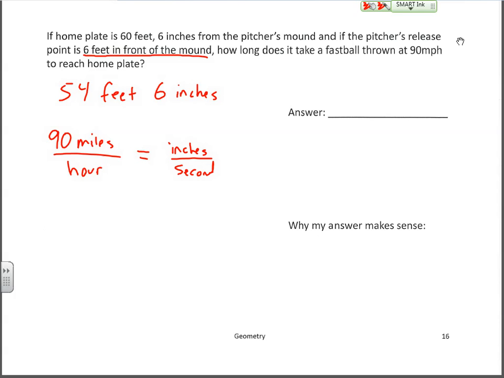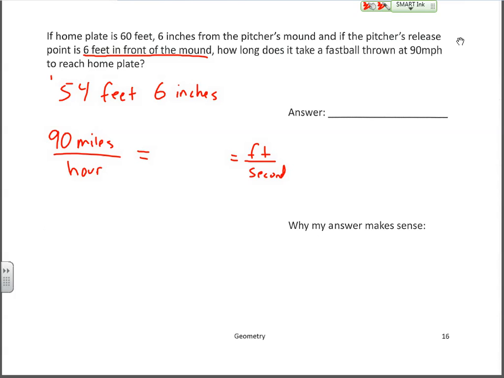Might want to go with feet per second. We do need to get into some time frame for how long it's going to take to get there. Actually, I would probably recommend going in feet per second here. So convert 90 miles per hour to the number of feet per second. How many feet does it travel in a second?